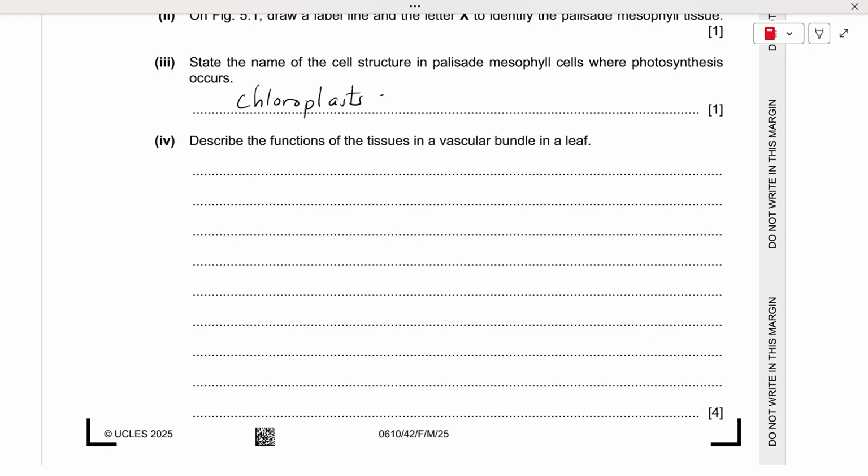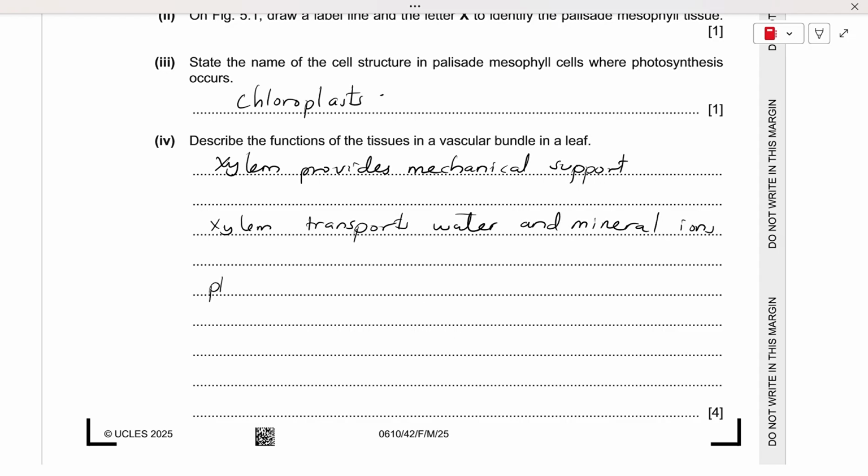All right, but apart from transporting water, xylem usually provides mechanical support. All right, yes, so you can say here xylem provides mechanical support for the leaf. Apart from that, xylem transports water, and then phloem transports sucrose.